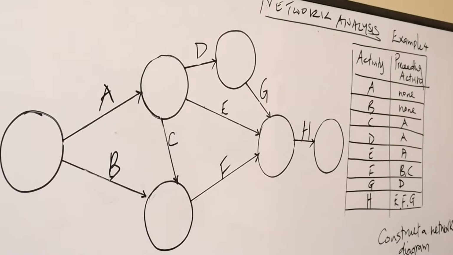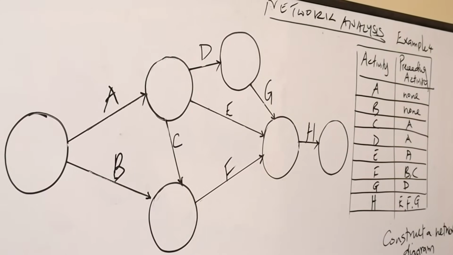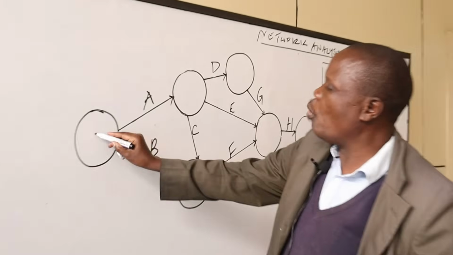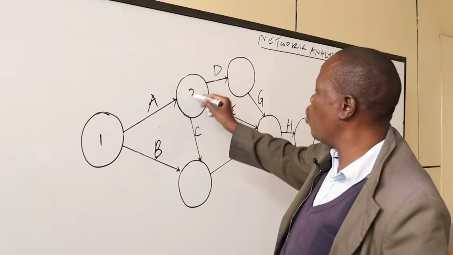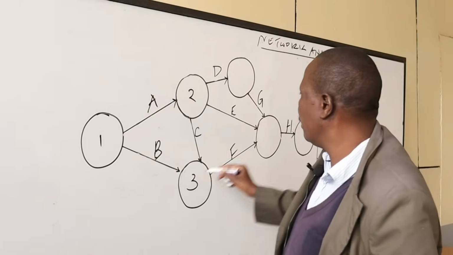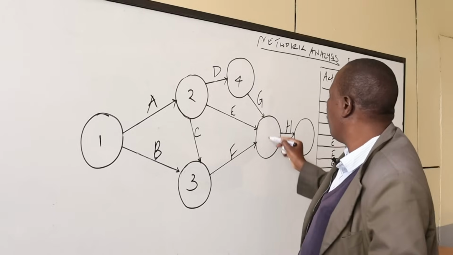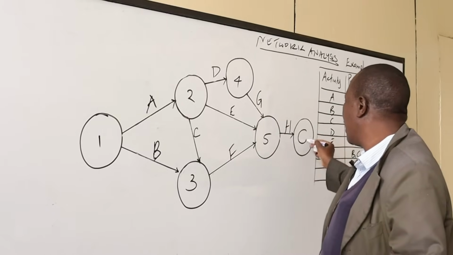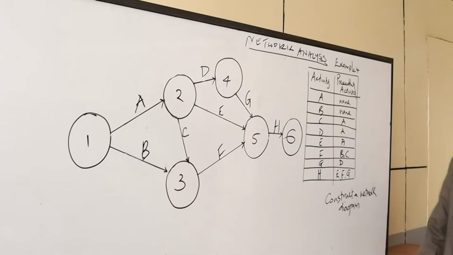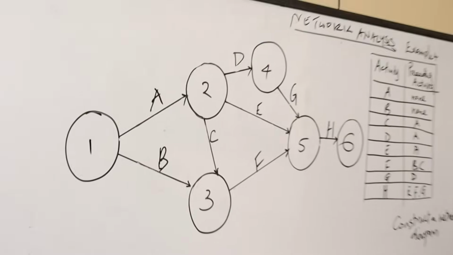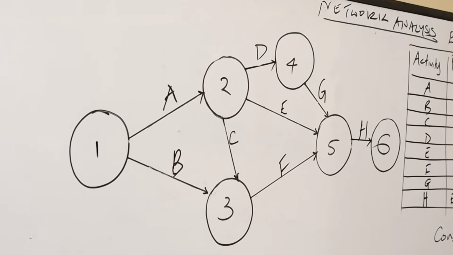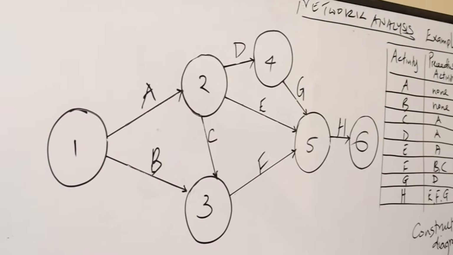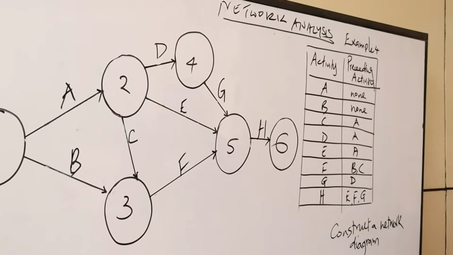Then we number the events: 1, 2, 3, 4, 5, and 6. That is the solution for this example 4.